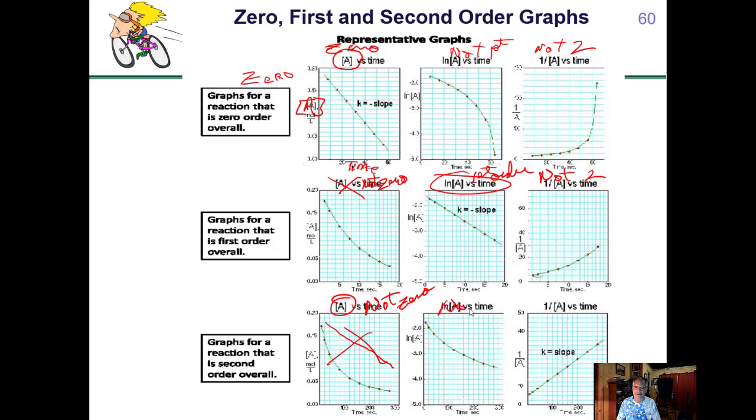I graph now the inverse of concentration versus time. I get a straight line with a positive slope. Yep, it's second order. And that's the way to use the graphical representation to determine whether you've got a zero, a first, or a second order reaction. Okay?